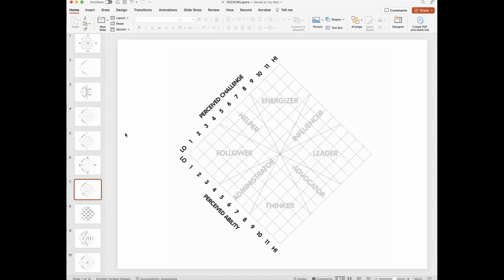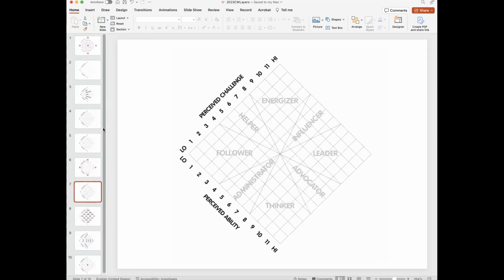I was just going to say, the value for me has always been of the change grid is its ability to move people beyond the boxes of their typologies and give them control over how to use their energy. That's right. So that is really what you're doing.